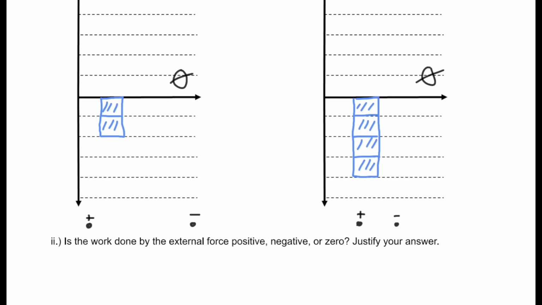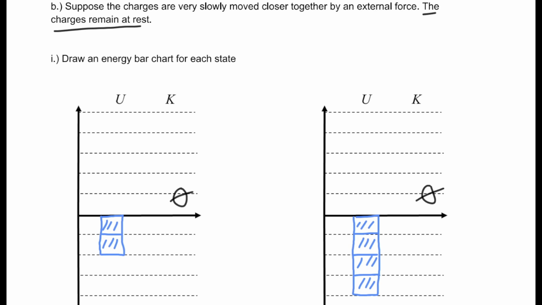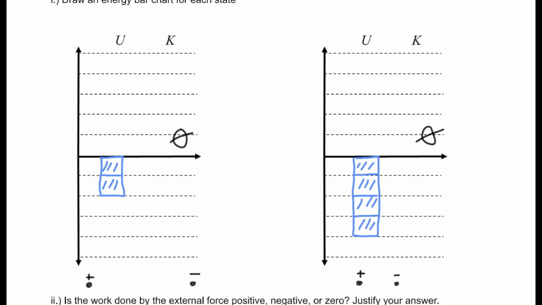So now we have to figure out this work done by an external force, which is quite a tricky concept for a lot of students, but we actually just use energy conservation here. Energy can't be created or destroyed, so if you have an energy bar chart that doesn't match, well, it means that there had to be some sort of external work that came into your system.